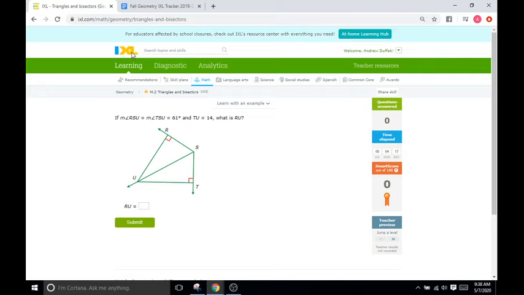So what it's doing is giving you all the information to say that these two triangles are basically congruent. They're the same thing. They're equal. So all the measurements here, all the angles, all the sides are going to be the same. And so if our long leg here, TU, is going to be 14, that means our long leg here, RU, is also going to be 14.